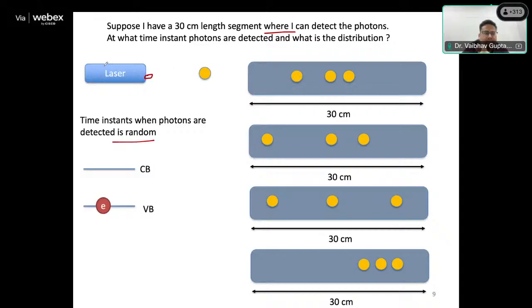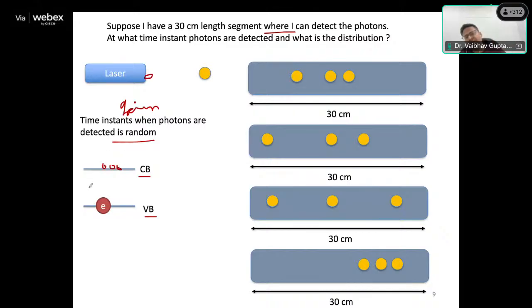So inside this laser we usually have a gain medium or gain material, and this gain material is typically a semiconductor. And once we have a semiconducting material, we have a conduction band and a valence band. Now first, inside the laser we have to build up, so that the beam can come out, stimulated emission can happen. So more electrons should be in the excited level as compared to the valence band.